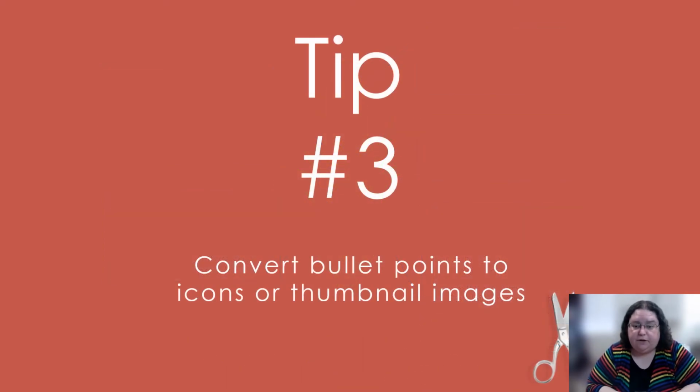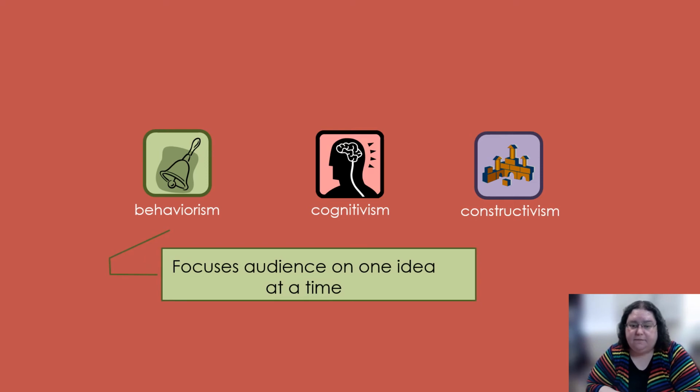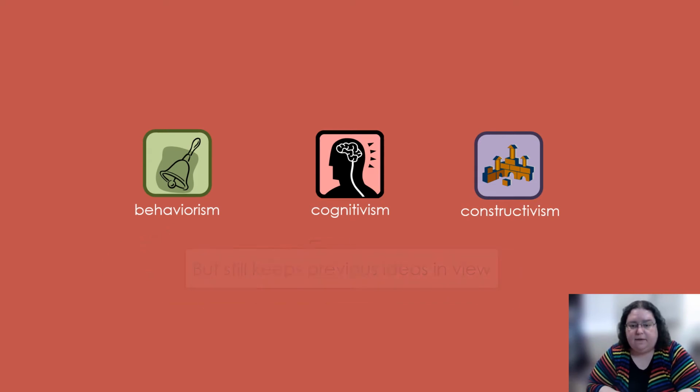You can also convert your bullet points to icons and thumbnail images. So something like this, if I have a couple concepts I'm talking about, maybe I'm comparing them and this thing comes up, I can talk about behaviorism, have a little bit of text for them to read or a little bit of a definition or something, and then move on to my next topic and on to my last.